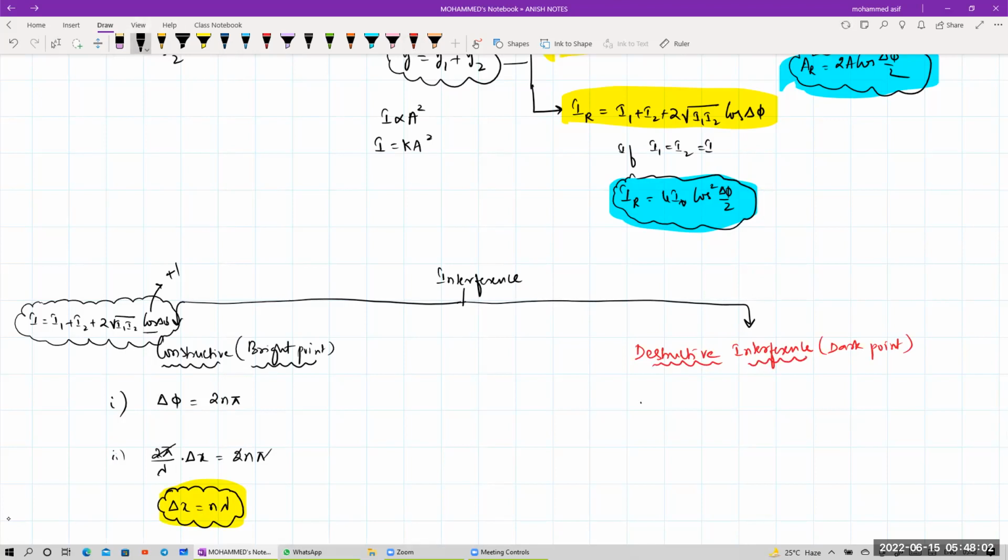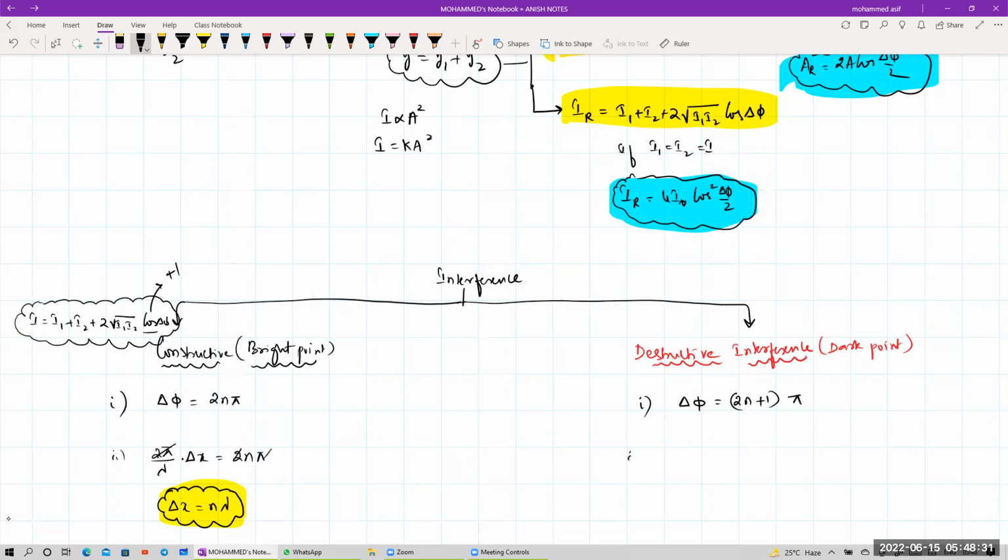Okay. So for this one, what is the condition, beta? The phase difference delta phi equals 2n plus 1 into pi, since cos 180 is minus 1. Starting from n equals 0, this becomes pi, and cos phi will be minus 1, so we get the dark point.